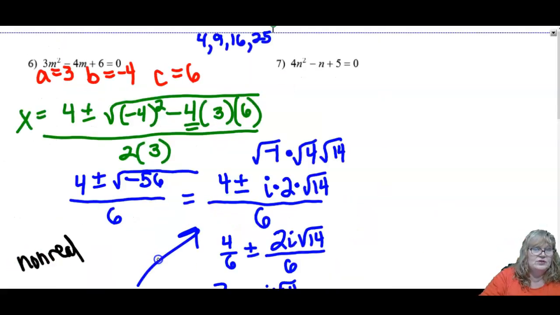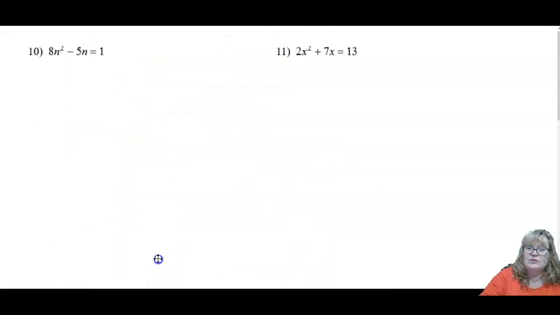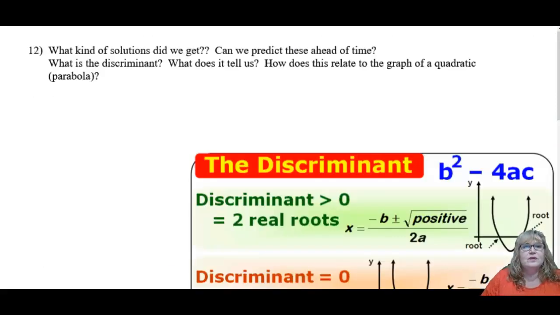All right, so the idea is that we can predict ahead of time whether we're going to get real or non-real solutions. We get real solutions when we had a positive number in the radical, okay?